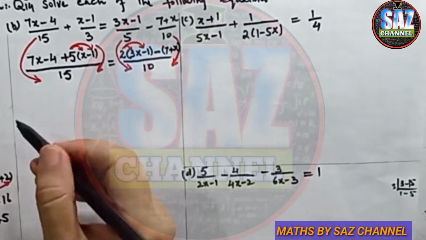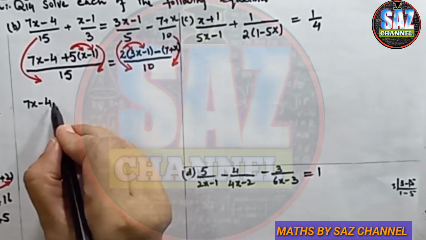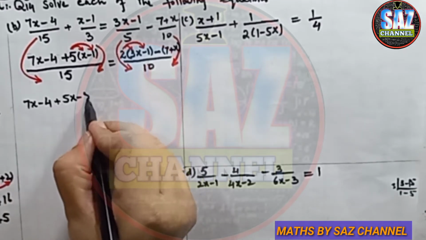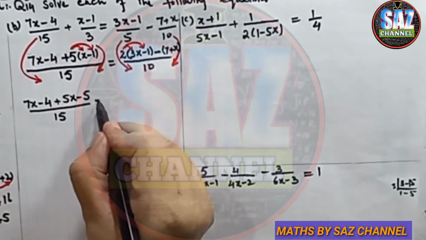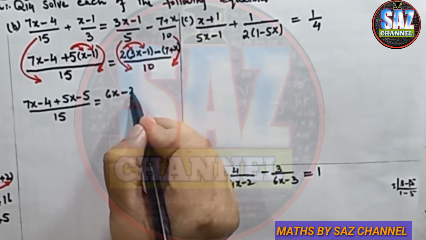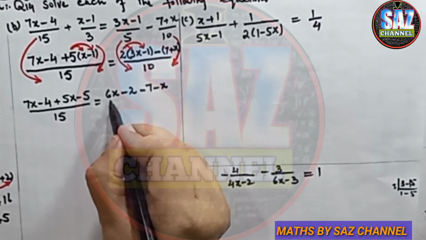Now the equation will take the form 7x minus 4 plus 5x minus 5 upon 15 equal to 3 times 2 is 6x minus 2 minus 7 minus x upon 10.